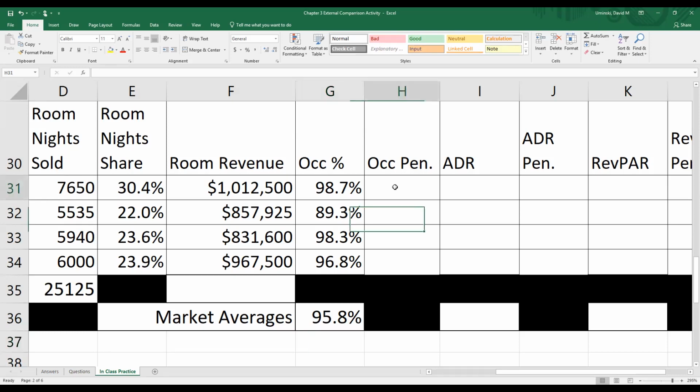So we're going to take 98.7 for Hotel A, and divide it by 95.8. We have 103.03%.